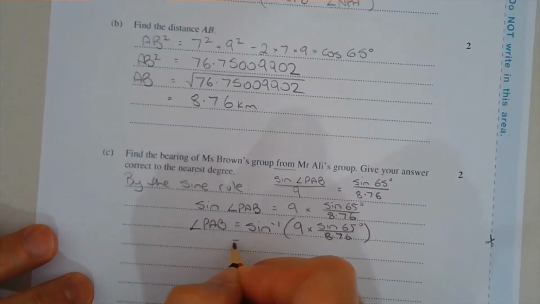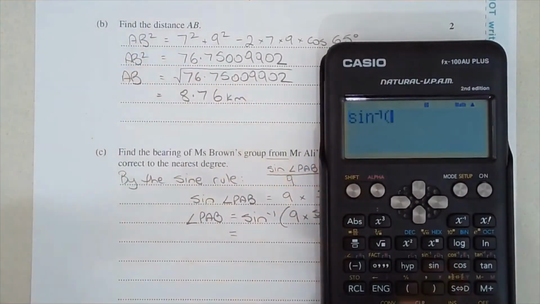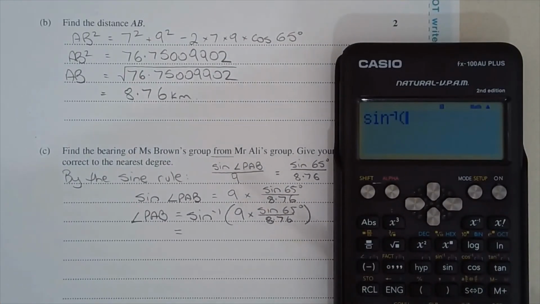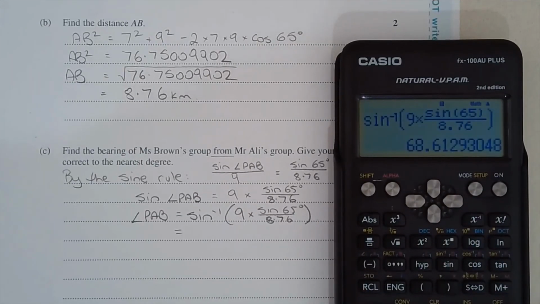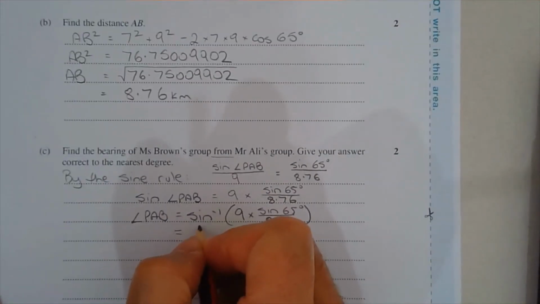Okay, and let's see what we get there. So inverse sine, 9 times sine of 65 degrees over 8.76, close bracket. And we get 68.61, which is probably closest to 69 degrees.